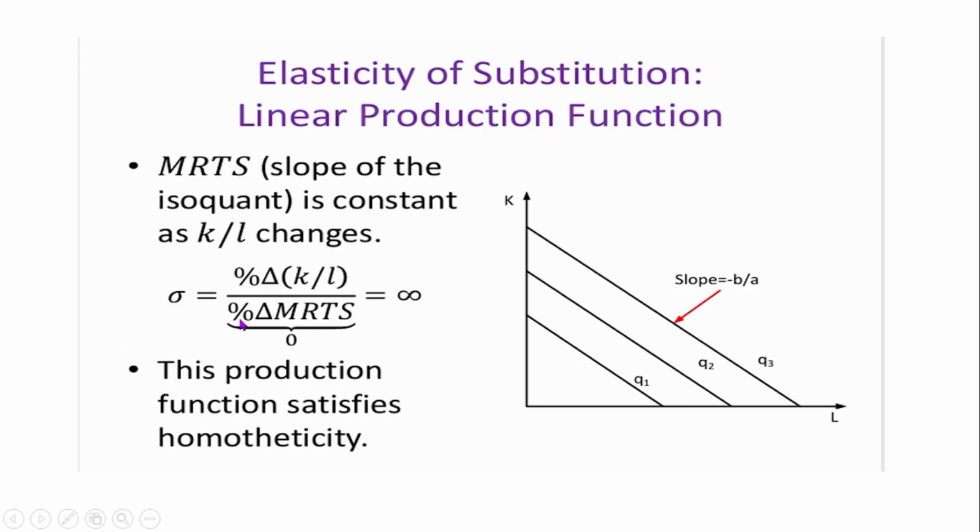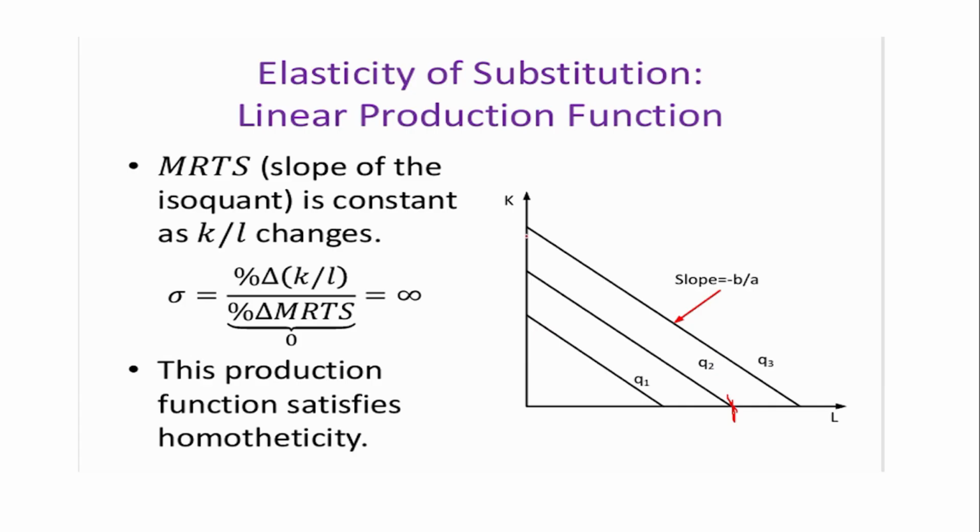That means the elasticity of substitution will be infinity. What is the meaning of infinity? It means that we can substitute perfectly for each other. For example, we can take that amount of L, where K is 0 and the production is Q2.